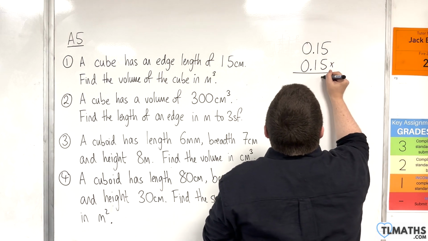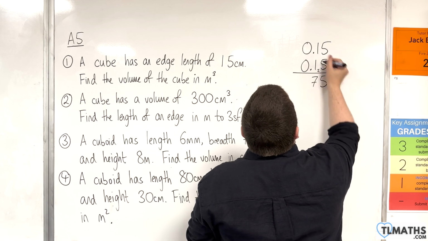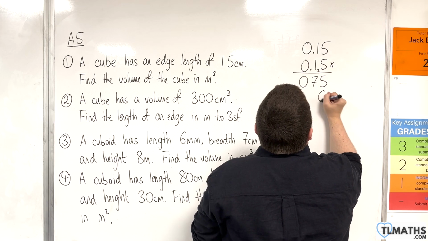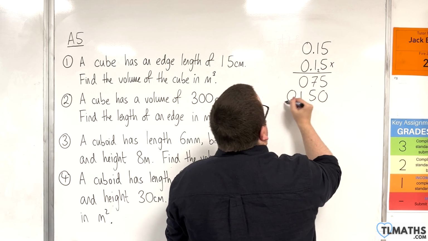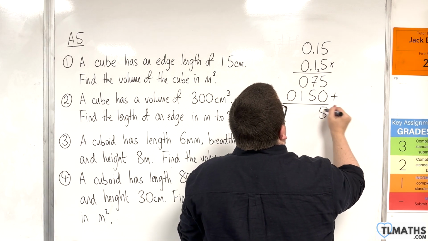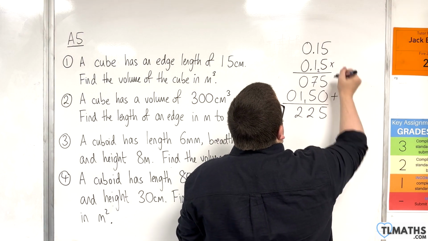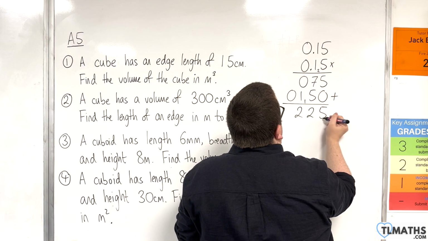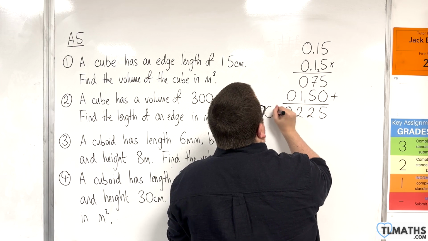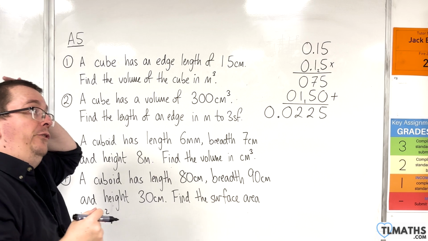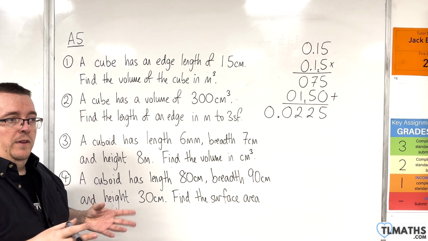So 5 times 5 is 25, 5 times 1 is 5, plus 2 is 7, 5 times 0, bring in a 0, 1 times 5, 1 times 1, 1 times 0, add those together, 5, 12, 2. And then we've got 4 numbers to the right of the decimal point, so we're going to go 1, 2, 3, 4. So we're looking at 0.0225, and that's square metres, okay, for the area.